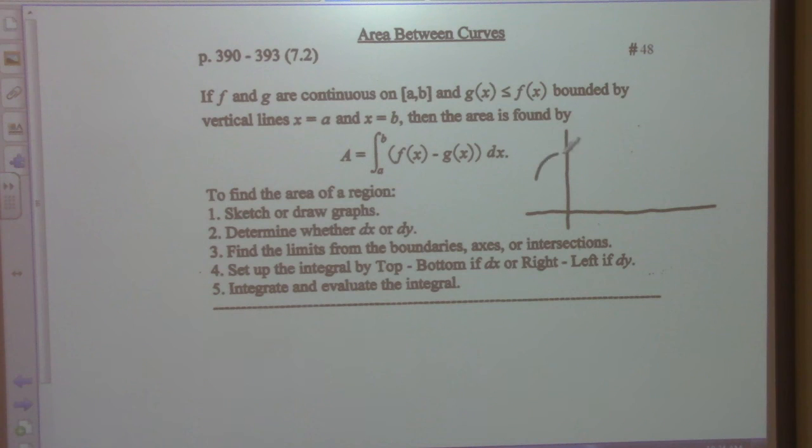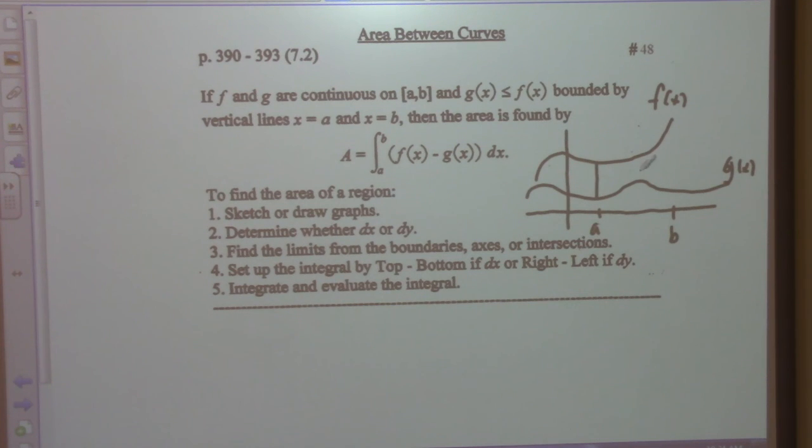Sometimes for area between curves you'll have one function up here which is f of x, and then another function down here which is g of x. Area between curves might be if you have limits of bounds of integration like this.